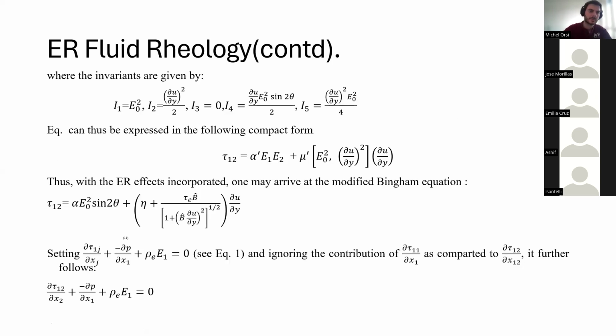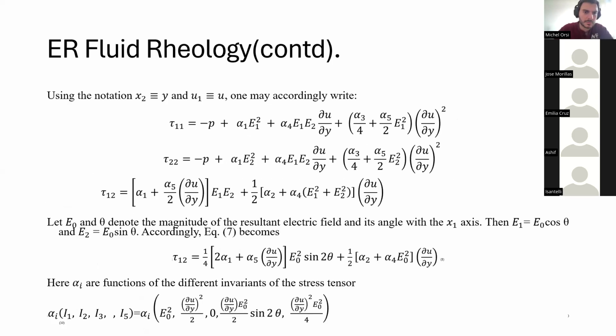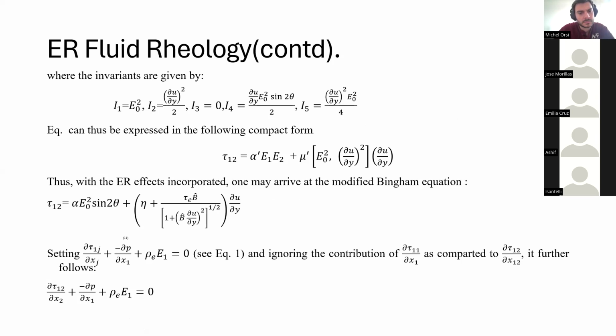So, Anindita, can I ask a question? Yes. From the previous page. In the expression of tau 1 2, like tau 1 1, tau 2 2, these are basically the diagonal components of the stress tensor, and tau 1 2 is the off diagonal. I think tau 1 2 and tau 2 1 are the same, right? Yes. Right. So this tau 1 2 expression, I think in the next page maybe, where you have the third bracket of E naught, what is that third bracket?